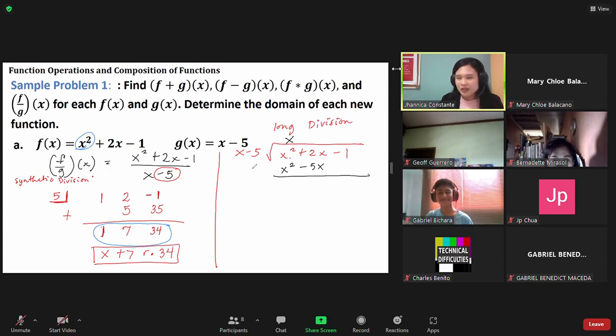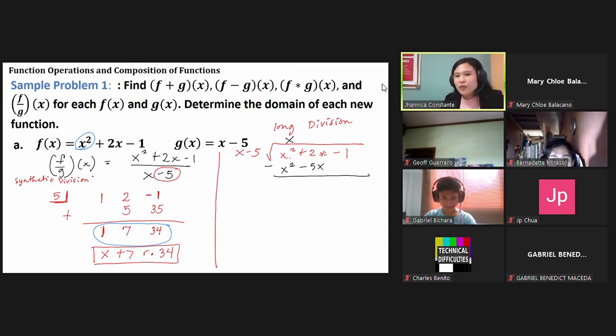Subtract. So x squared minus x squared is equal to 0. So positive 2x minus negative 5x is equal to 7x. Bring down negative 1. So 7x divided by x is equal to positive 7.